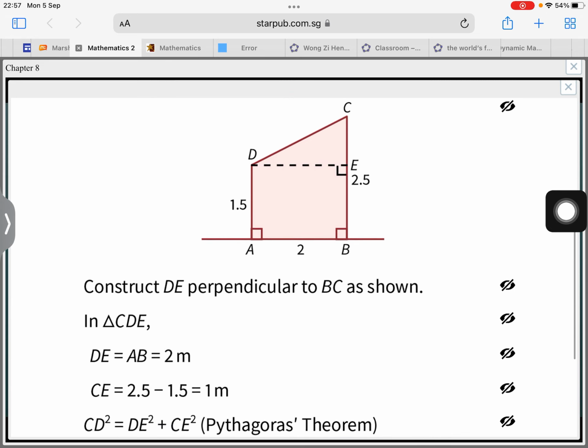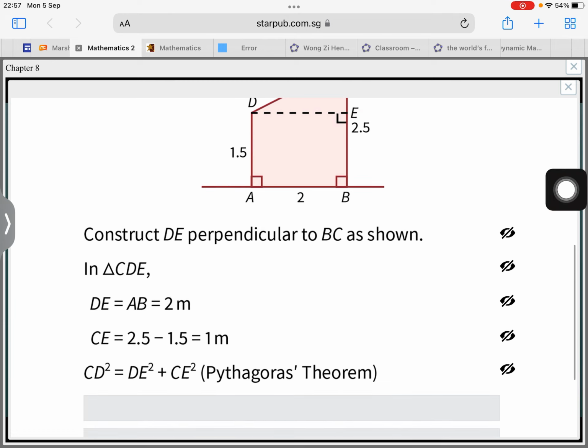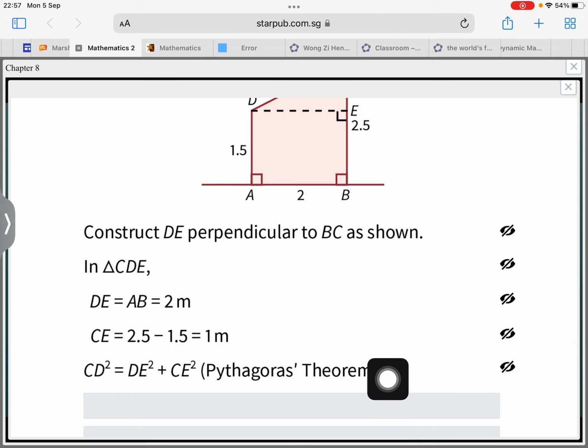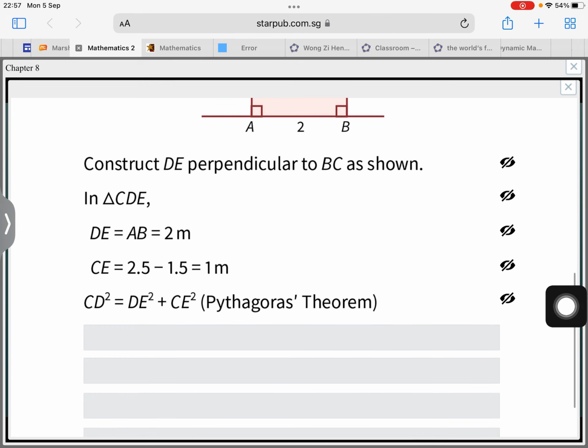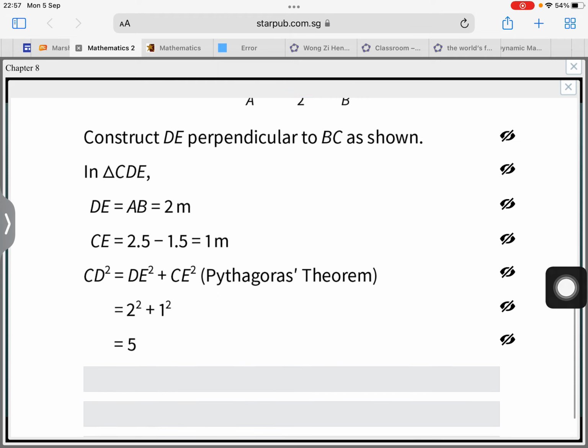Like I said, this is the preferred working: first, write out the relationship before you perform a substitution. So in this case, CD square, the hypotenuse square, will be equal to DE square plus CE square. Remember to write Pythagoras theorem. Do your substitution. You know that DE is 2, CE is 1. So CD square should be equal to 5, because 2 square plus 1 square is 5.